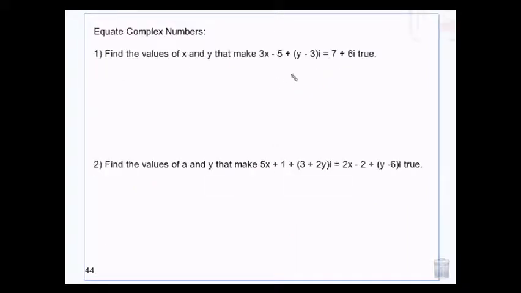So sometimes they want you to find values that make things true. So what we have is a real part, right? And an imaginary part.